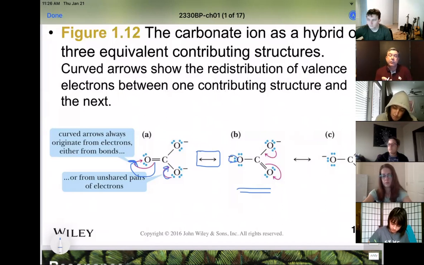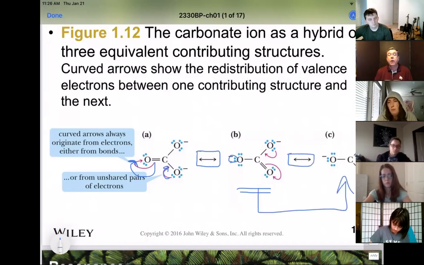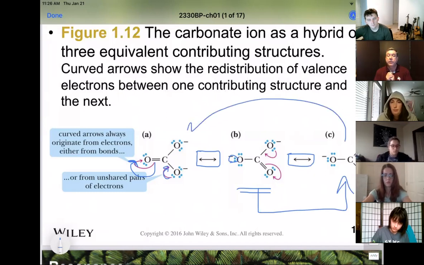This is the equilibrium arrow, the double-ended arrow. And therefore, the arrow over here says this is the structure that's contributing to our third diagram. So notice, we probably could have another arrow going all the way to here that would be contributing to here.